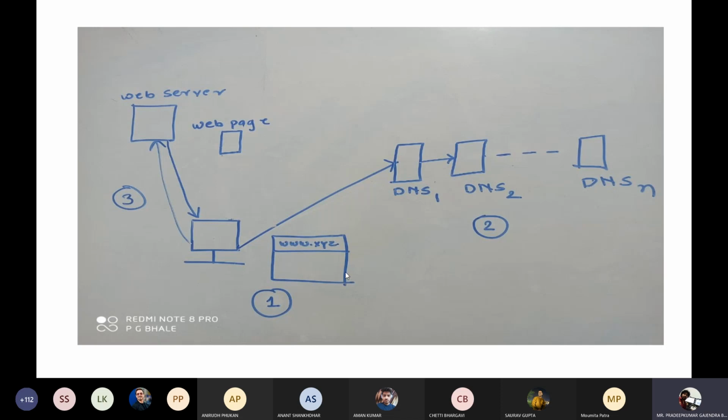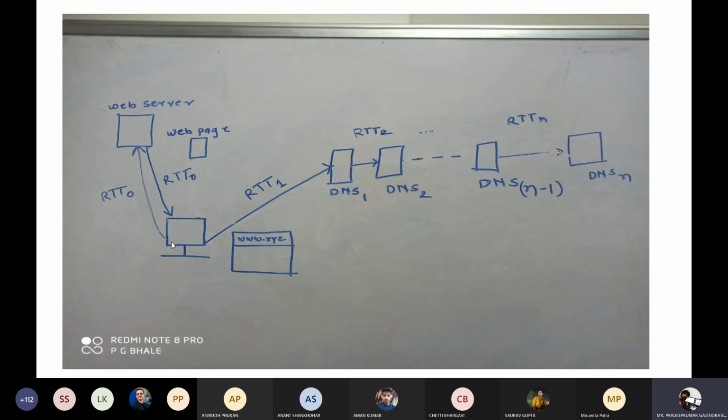Now the next is how that answer comes like that. First, this one is RTT1, you have to go first to DNS, then RTT2 for DNS 2, and there is RTTN, and thereafter, analyzing the N DNS servers, you get the IP address.